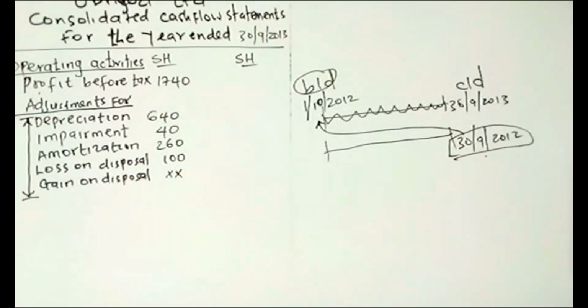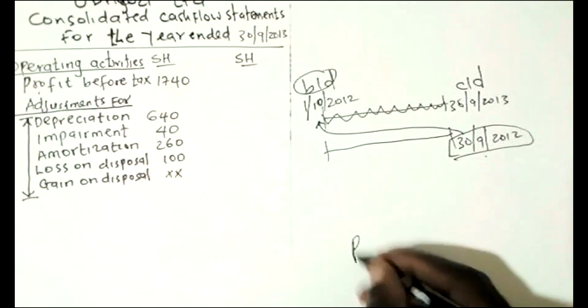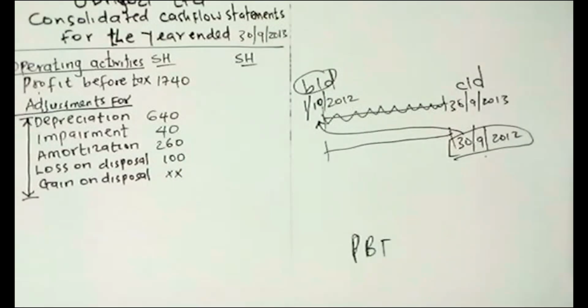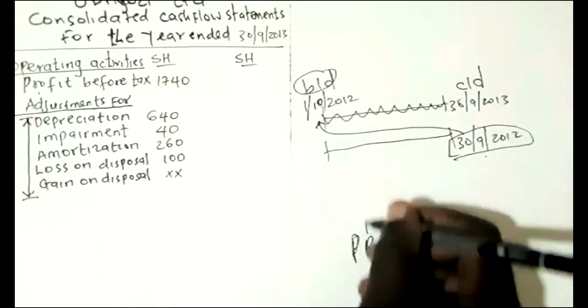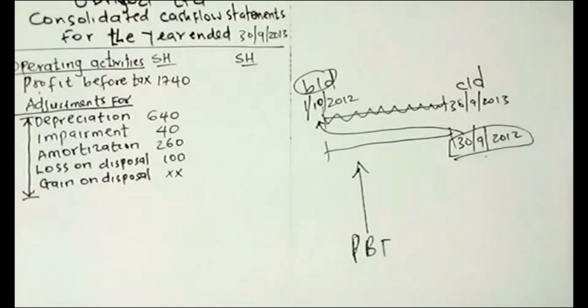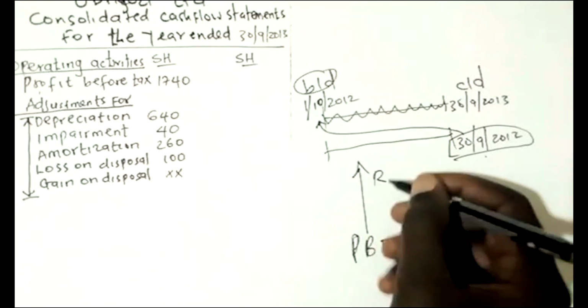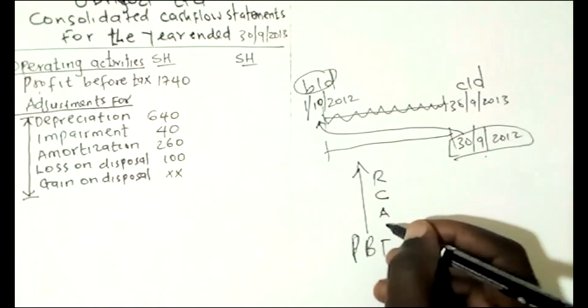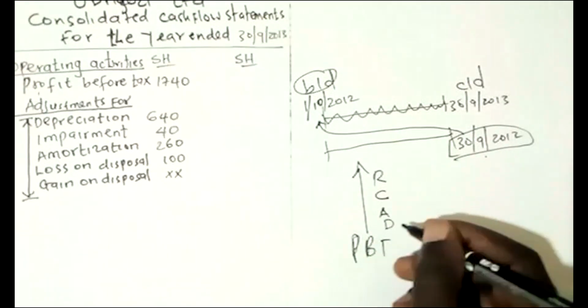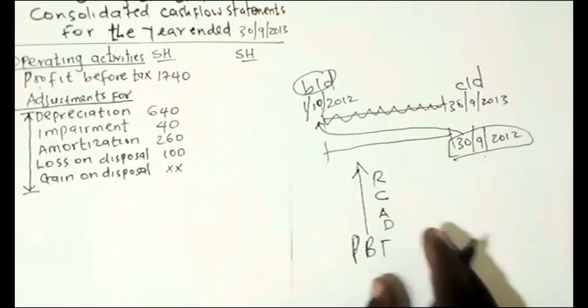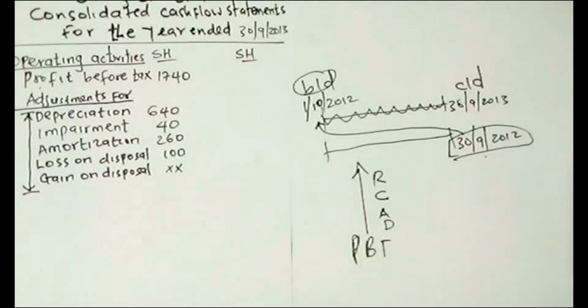Then after you have recorded the 5 items, you go back to your profit before tax. You go upwards this way. Other than revenue, cost of sales, admin, and distribution, let me go to that income statement so that I mark the operating items.